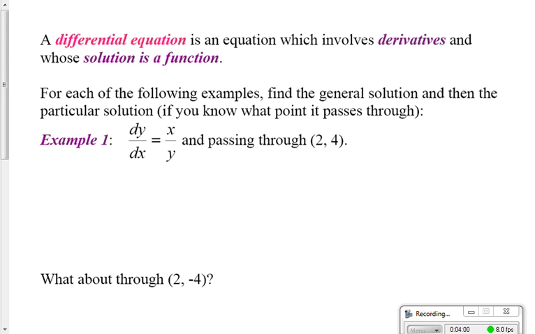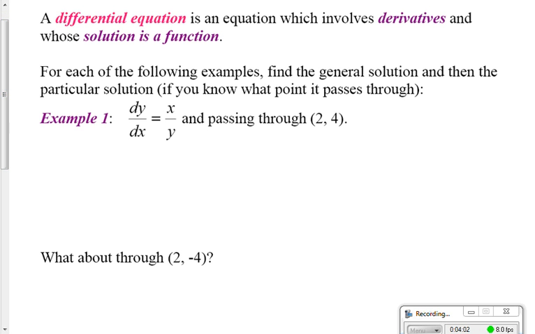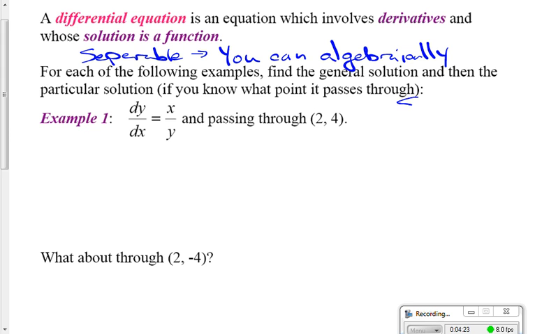Go on to the next example, turn your page, and these are what are called separable differential equations. A separable differential equation is an equation in which you can algebraically separate the variables.